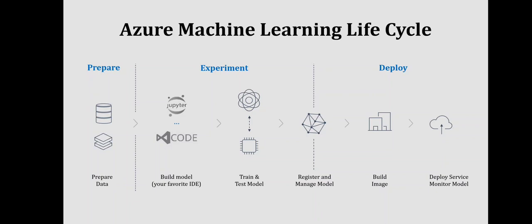Azure machine learning life cycle. There are three main steps here: prepare, experiment, and deploy. This is the preparation of data. Then you build the model using some IDE and algorithm. And then you need to register the model so that people can use it once you deploy.